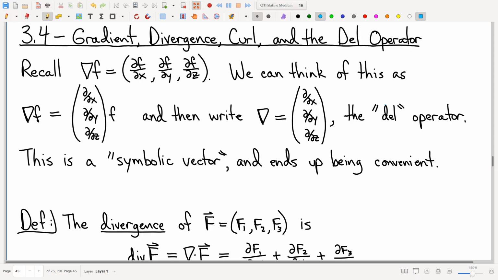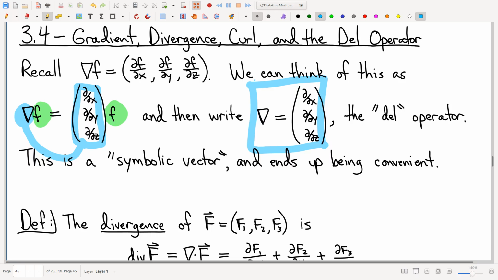Y'all have seen gradient before. The first idea I'm going to throw at you is that you can think of gradient as being this operator, as I'm going to call it, applied to a function f. Now, whatever, right? The idea that we would think of a differential operator by itself is kind of a weird thought.